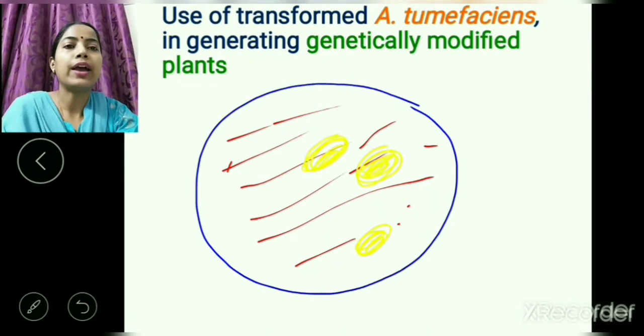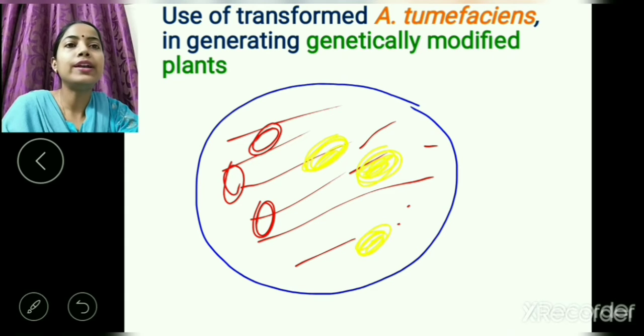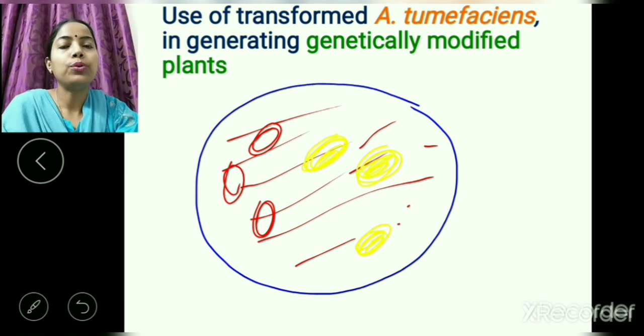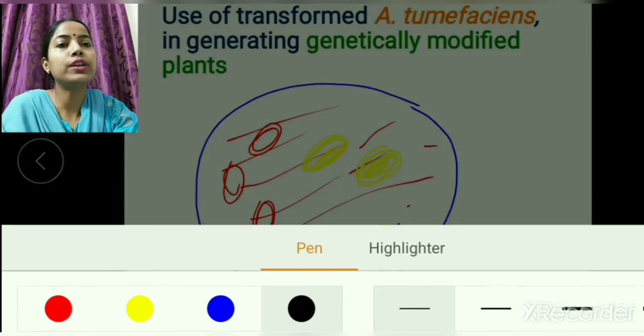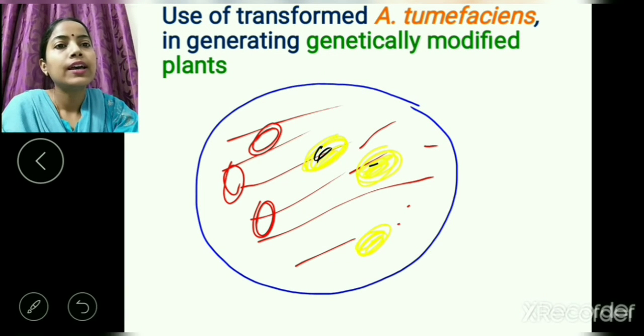There we have placed the recombinant Agrobacterium tumefaciens, or recombinant bacteria, carrying our recombinant Ti plasmids, and you know they have the tendency to transfer their tDNA regions into the plant genome. So let's show the linear chromosomes of the plant cells with the black color.